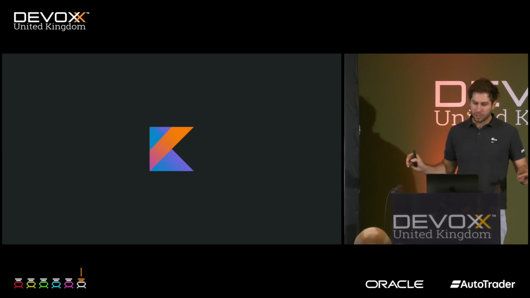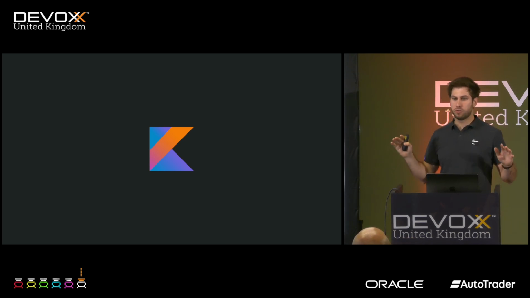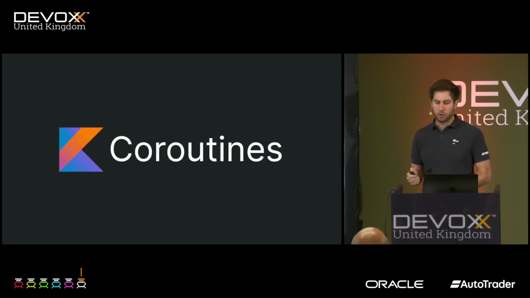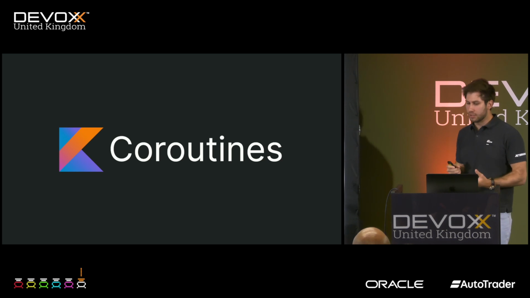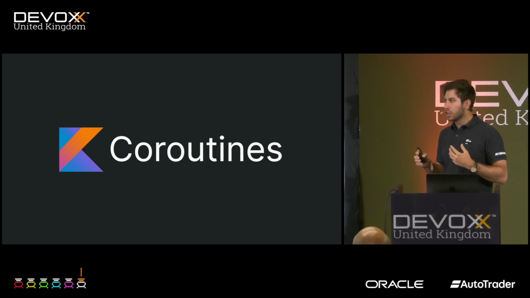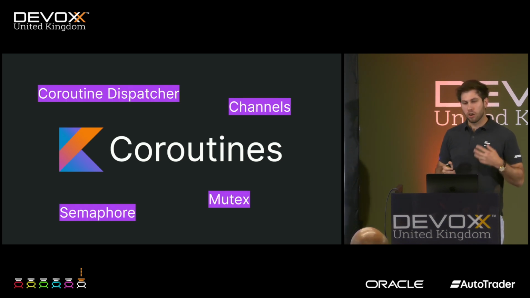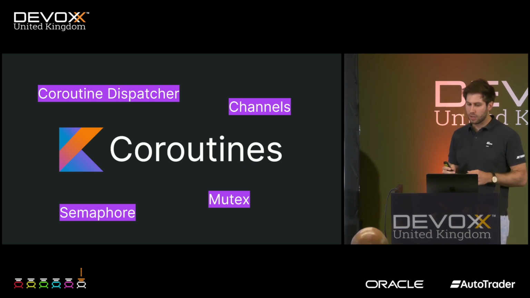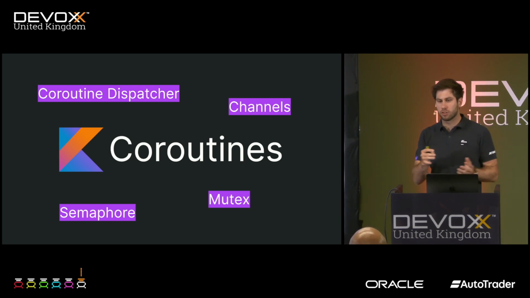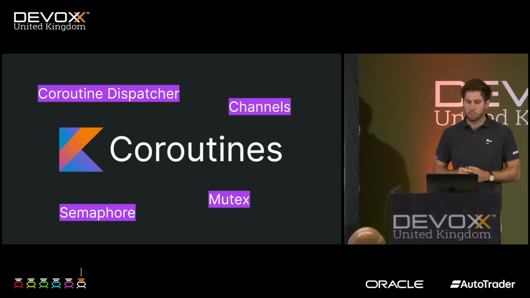But even if you program in Kotlin every day or you just heard of it, I think you've heard of Kotlin coroutines. And in Kotlin coroutines, there are a lot of concurrent primitives under the hood. The coroutine dispatcher that schedules coroutines on threads, maintaining per-thread queues and global queues, which are a little bit specific.